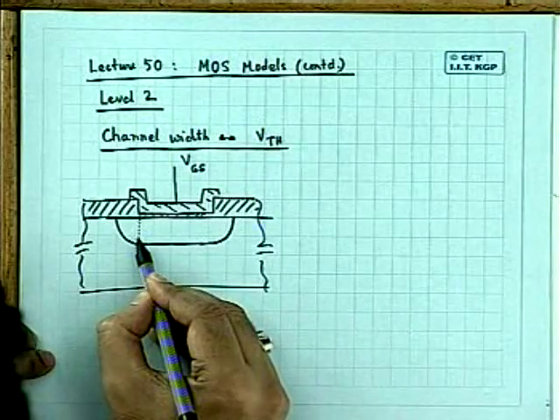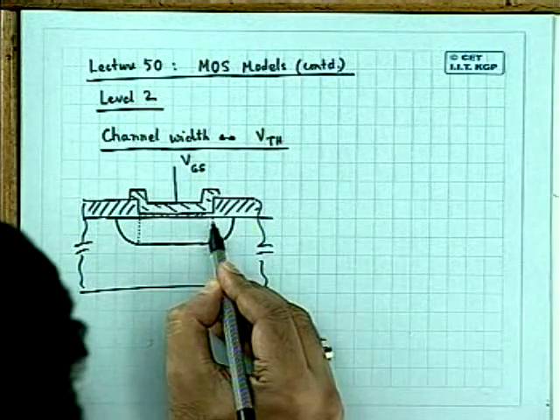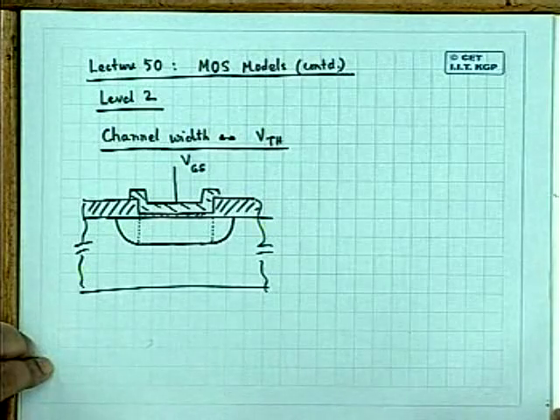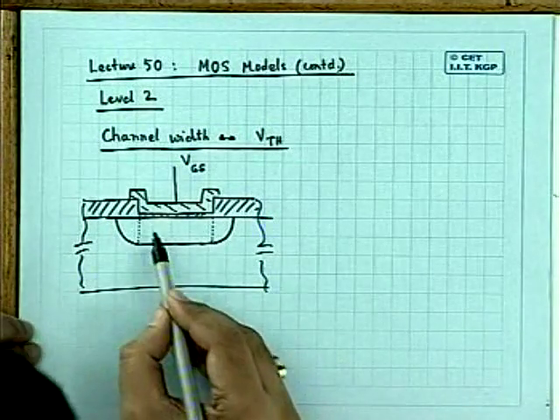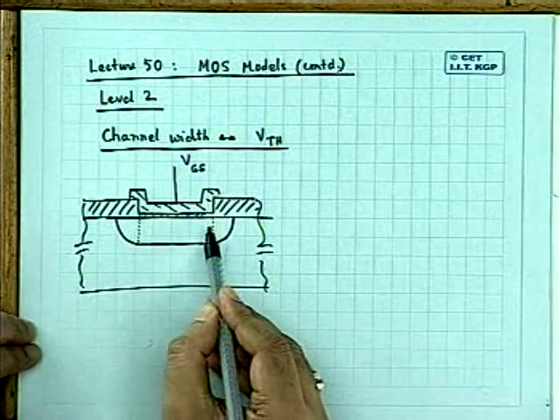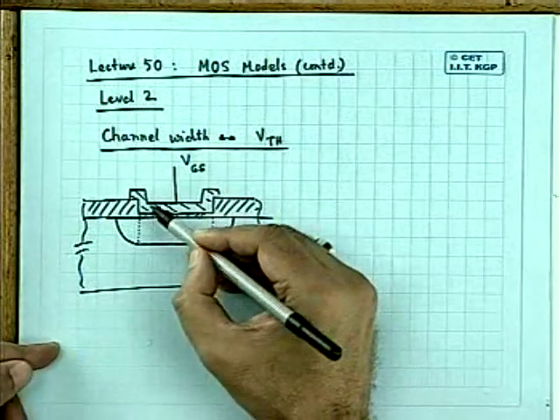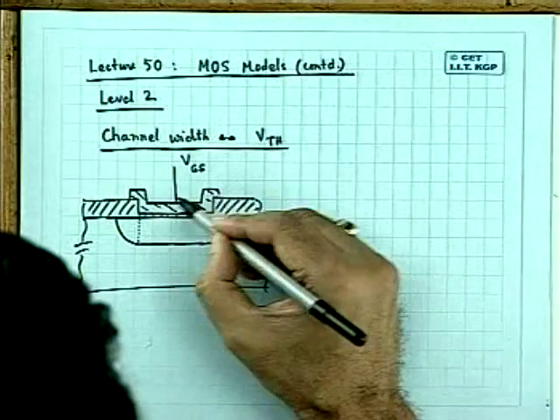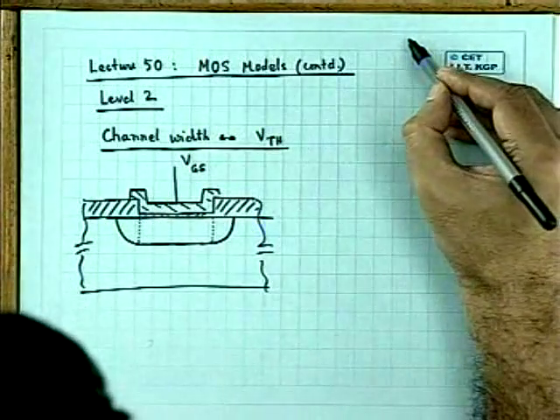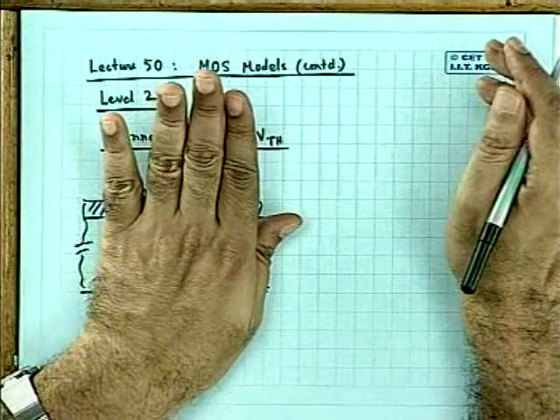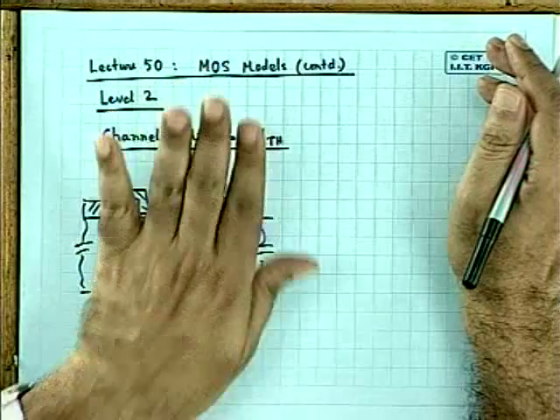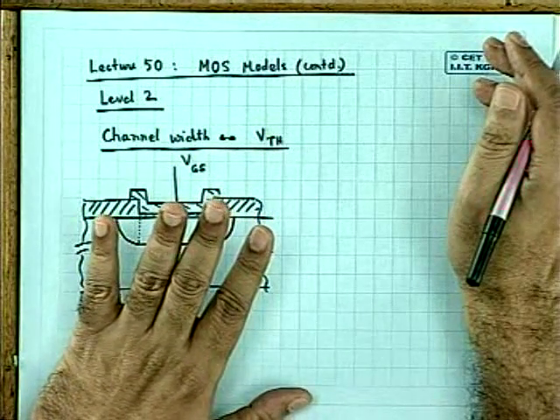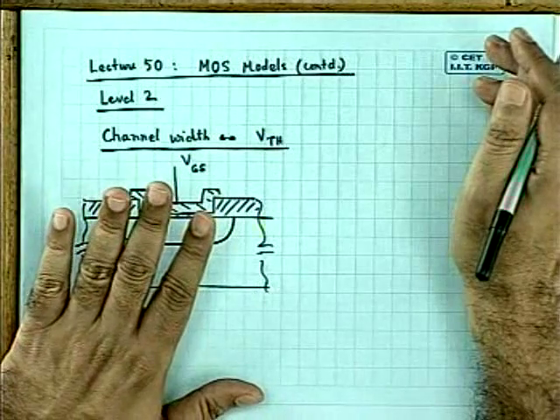Whereas in one-dimensional approximation, we assume that when you apply a gate voltage here, the charge is induced only over this rectangular parallelepiped region. This is the channel length direction, and this is perpendicular to the channel length. This is the cross-sectional view perpendicular to the channel length, or along the width direction.